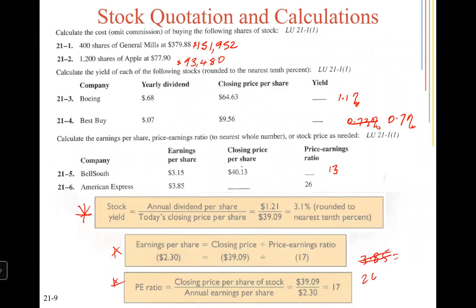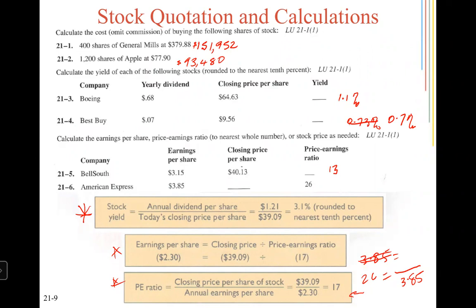It's 26 for that one, and we're trying to use the information we have: earnings per share is 3.85. So I'm using this formula at the bottom to see if we could work it out. The PE ratio, they gave us, is 26.